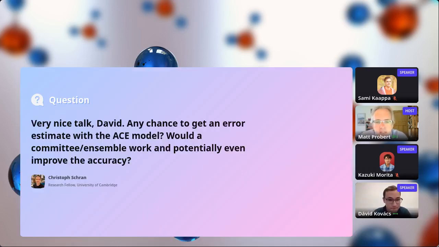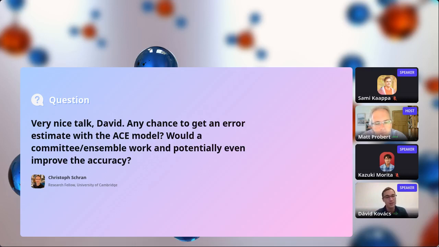Is there any chance of getting an error estimate with ACE and any way to improve the accuracy? So what are your thoughts on that? Yes, that's something that somebody in our group is working on. Because we are doing gradient-free optimization, it's a convex optimization problem, least squares regression. You can't get a committee out from the way I have shown here, the way we have parameterized these ACE potentials now.